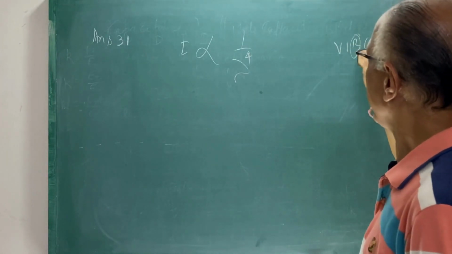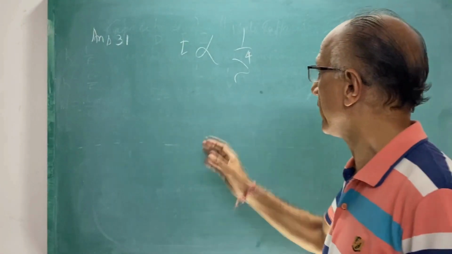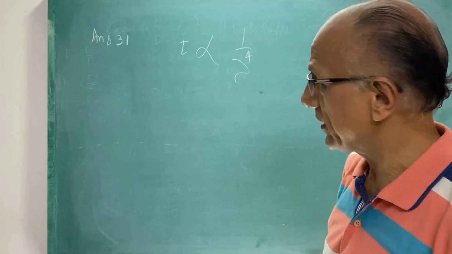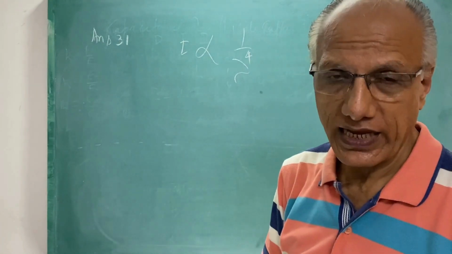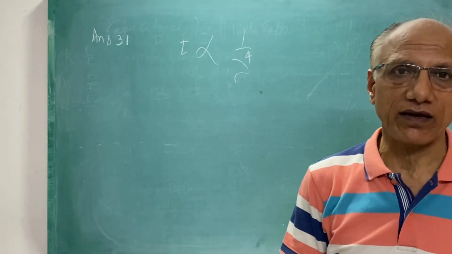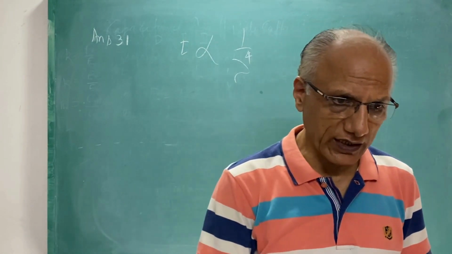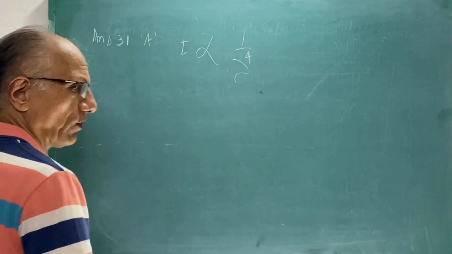So this blue light is comparatively having smaller wavelength. So this will scatter the most as compared to the other colors, and that is why the sky appears blue. So here the correct option is A, and what is that?